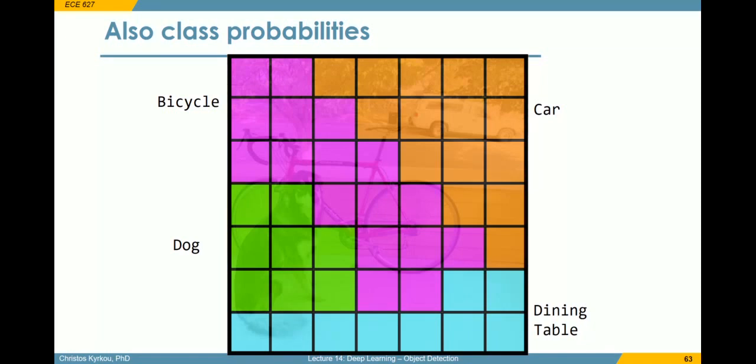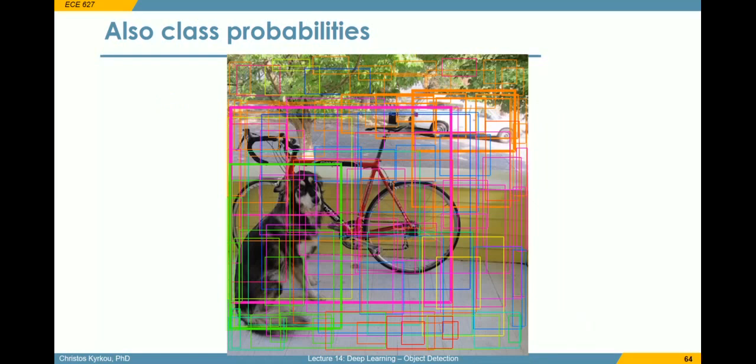So the important thing here is that no matter what, there's always some class prediction coming out from each of these cells. If we now go and associate each of these boxes with the predicted class, we get at the same time the color of the box that indicates the class, the thickness of the box that indicates the confidence in having an object, and this gives us, in essence, the whole prediction of the network.